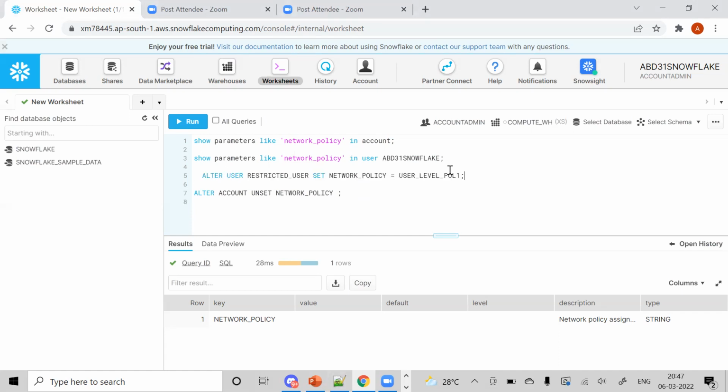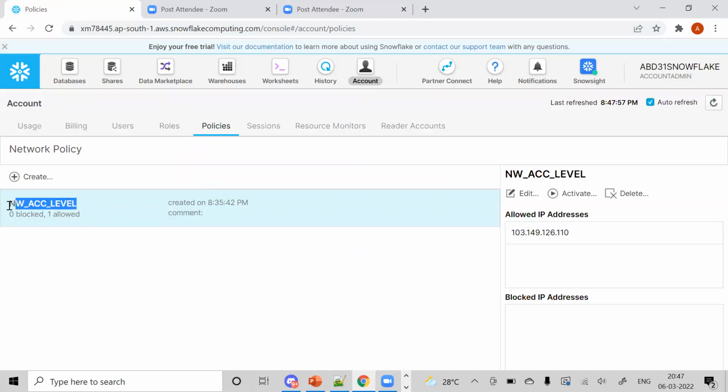Okay. Now what I'll do is, as I told you in the beginning, network policy can be at the account level or user level, right? So I will enforce this first only for Shiva, and then we will enforce it only for Venkat. So let me take the name of the network policy.